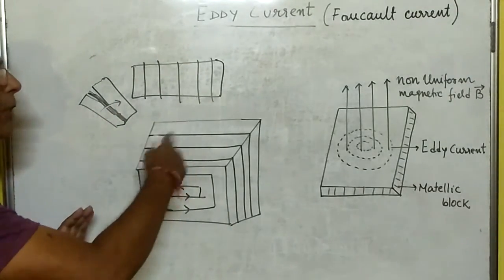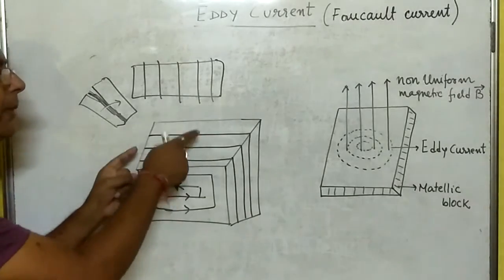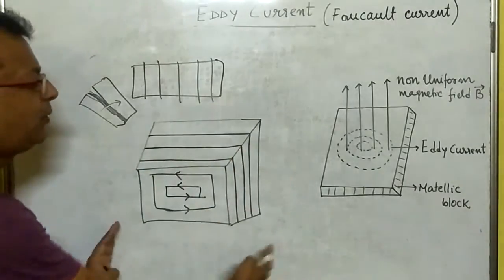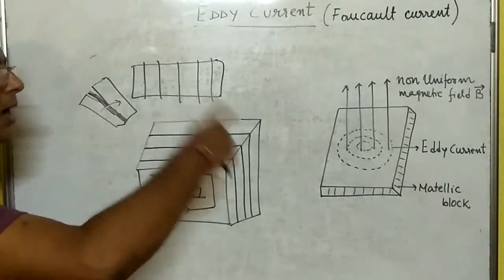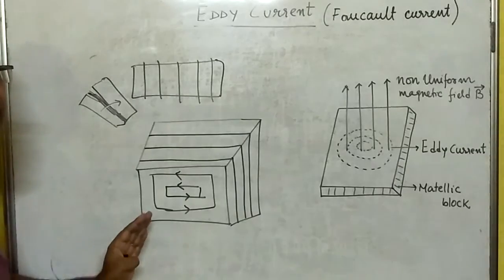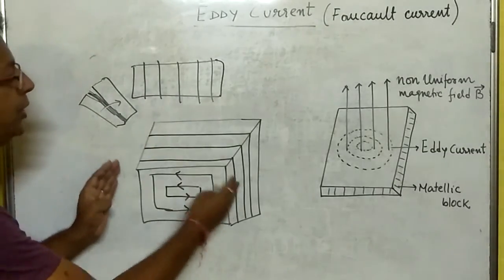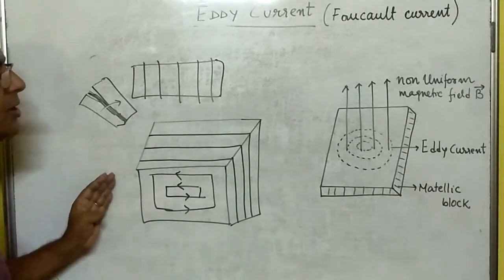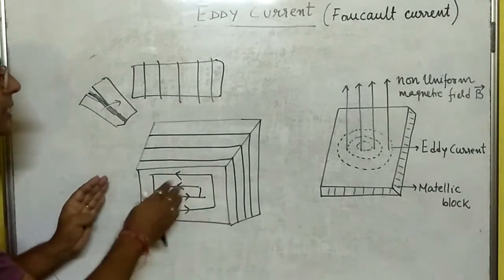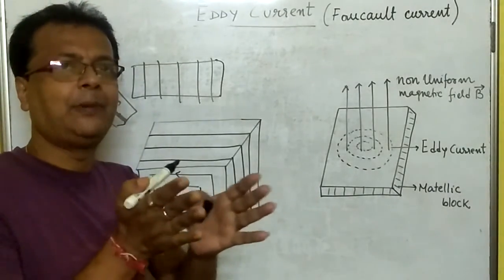So it will run in small parts, and a small current is induced in each part. Otherwise, if you take the whole metallic disc, a large eddy current will flow, and that will lead to a really large wastage of energy. Here, only small amounts of energy are wasted. So this is how we laminate and join all the metallic pieces together.